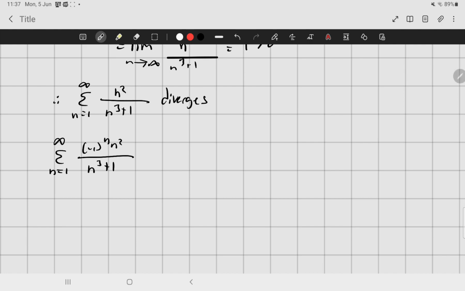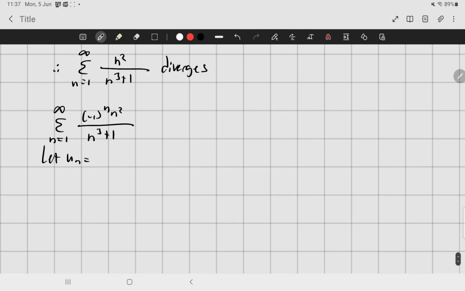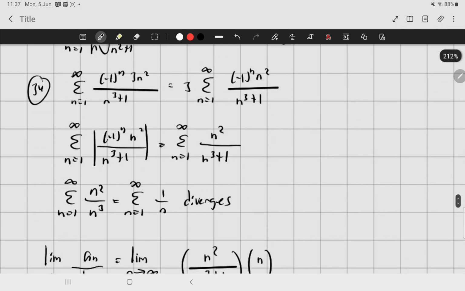As usual, let u_n be equal to, new page, n squared over n cubed plus 1. So the first condition: u_n is always positive for all n larger than or equal to 1. Second one, we want to show that it satisfies this decreasing condition.